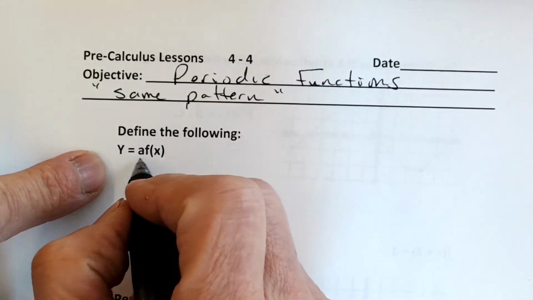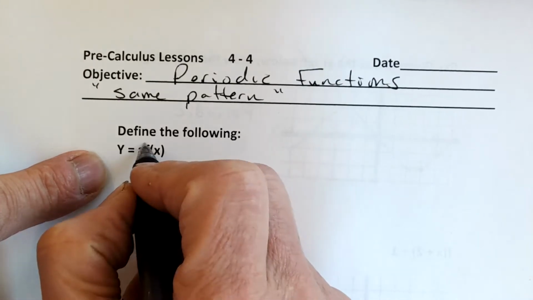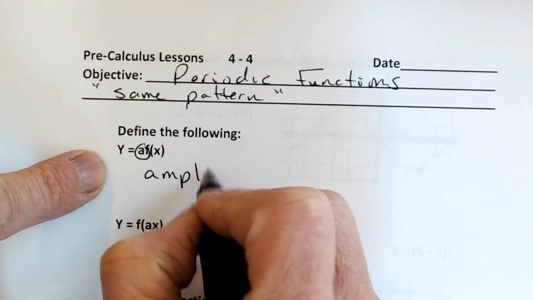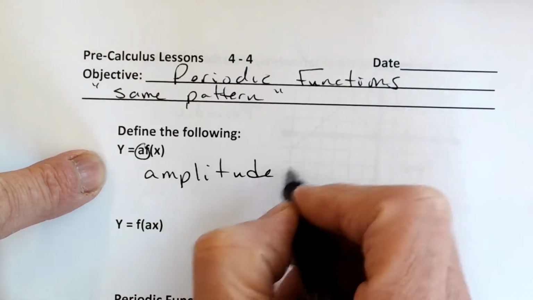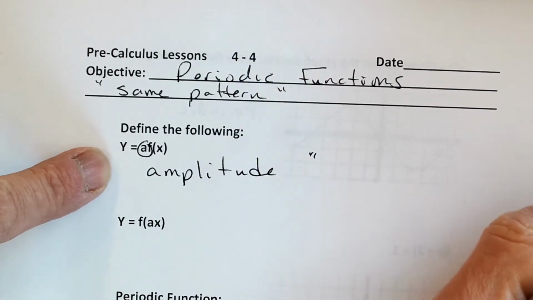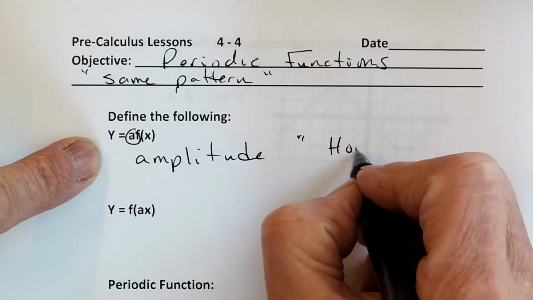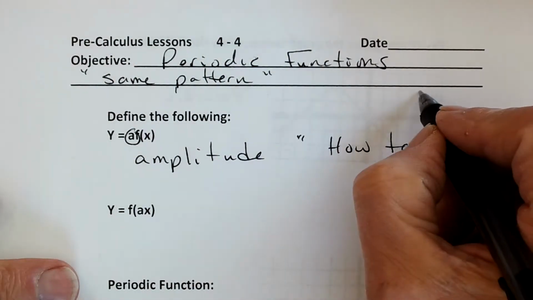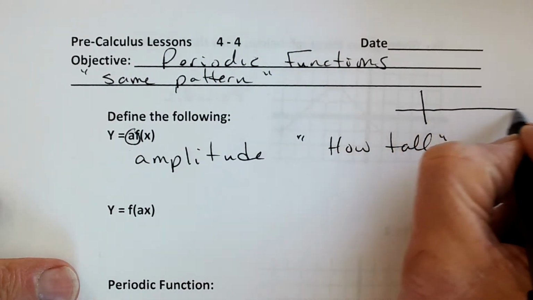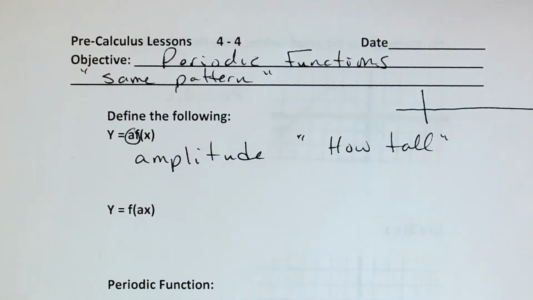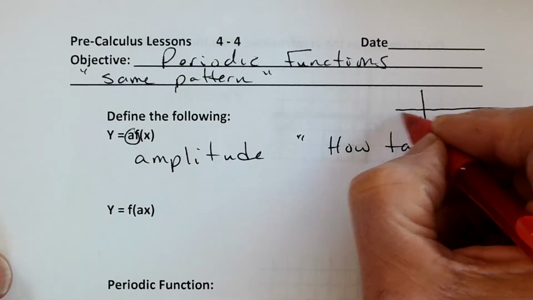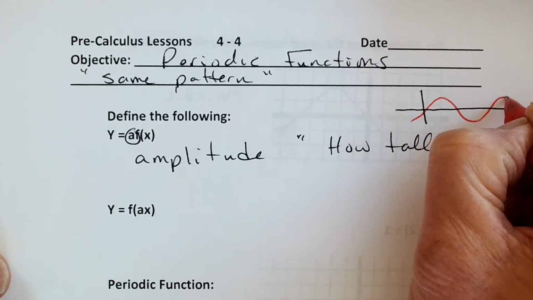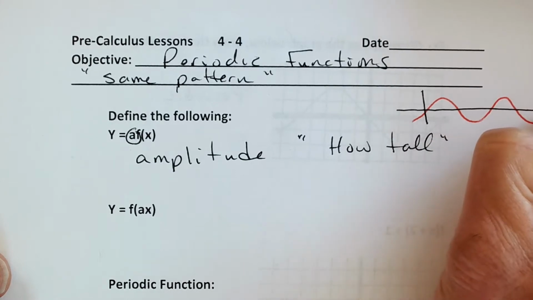Well, let's take a first look at this. If we have a value in front, this is what we call the amplitude. In words, the amplitude is like how tall. I want to draw a picture for you. No, just the A. Great question.